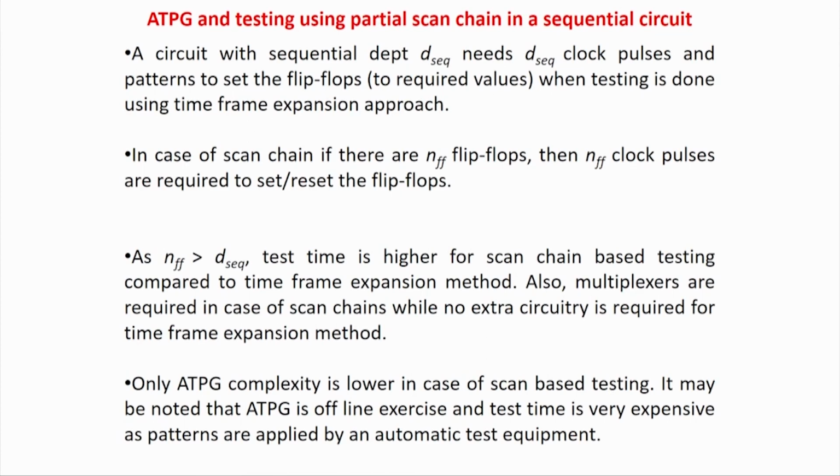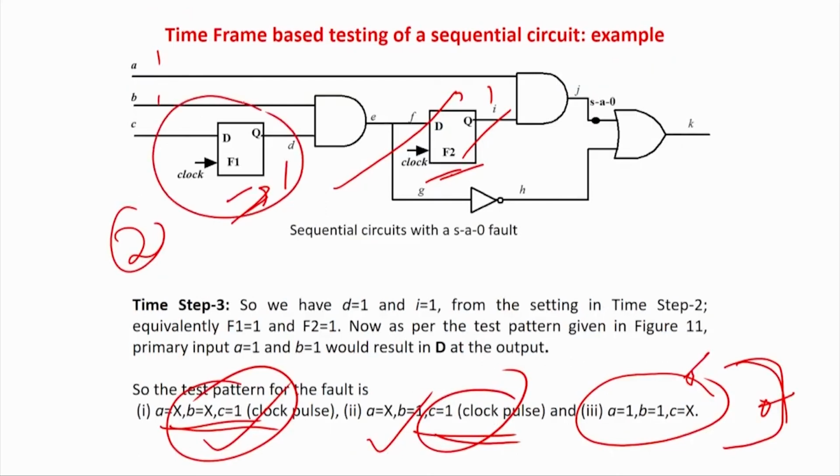But some of the flip flops which are very easy, like this one, I really do not require any computation. It's a primary input directly connected. To get a 1, I just require a 1. So ATPG to find out how I can get a 1 is very straightforward, and will not take much time. But say there is a flip flop very far down the line and I want to have a 1 in it.